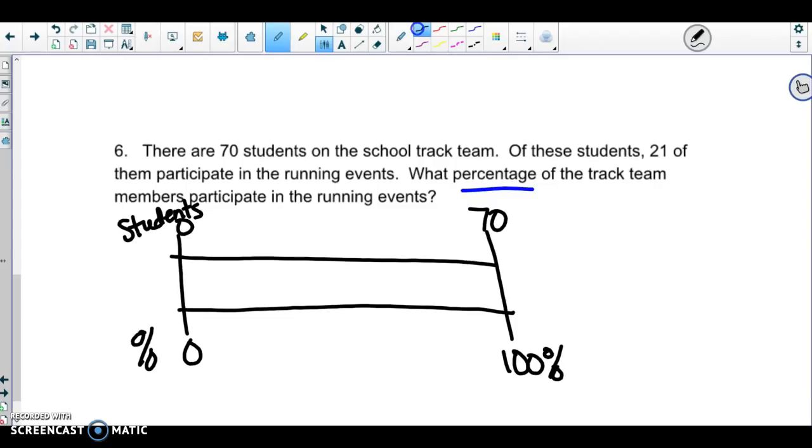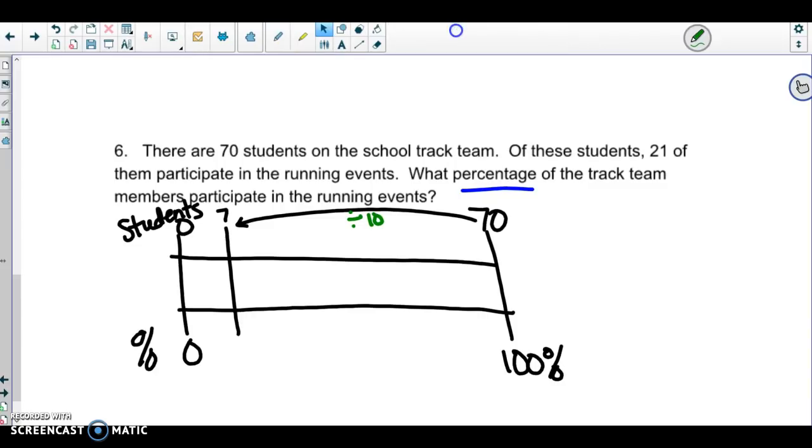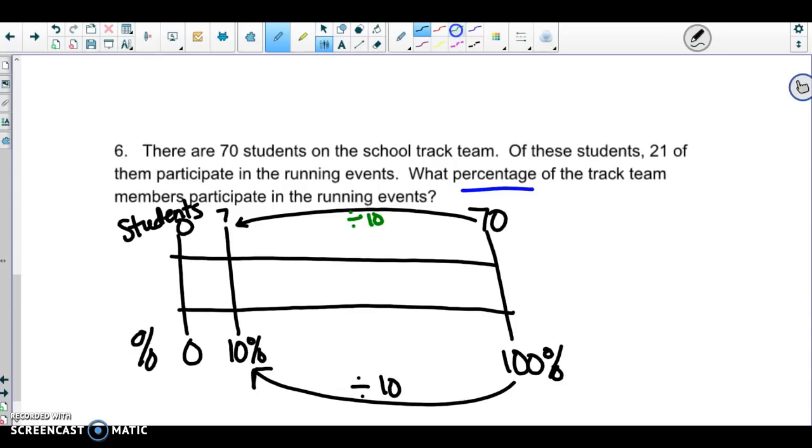But I know that 7 goes into 21. So if I were to back up here and get to 7, how did I get from 70 down to 7? Well, I divided it by 10. I do the same thing here, where I divide by 10, and that's going to give me 10%. So 7 is 10%.